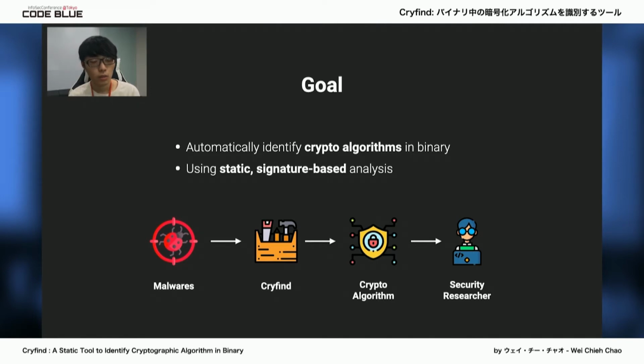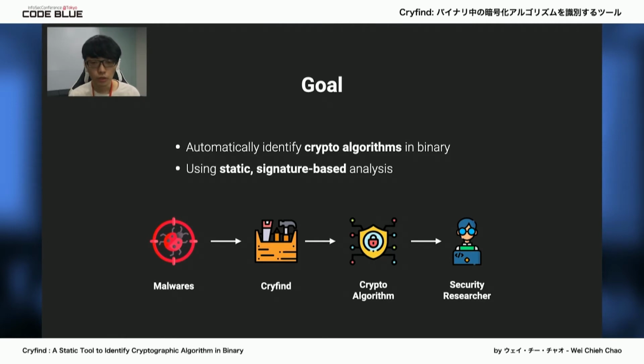Cryptography is a widely used feature in malware, and for some malware, encryption is one of their main activities. For example, ransomware encrypts victim files and asks for money. To resist security researchers' analysis, malware often changes rapidly, but the cryptography algorithm scheme is the most unlikely to change.